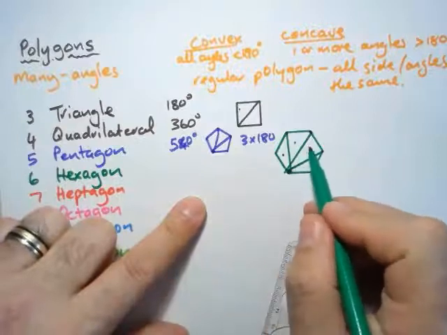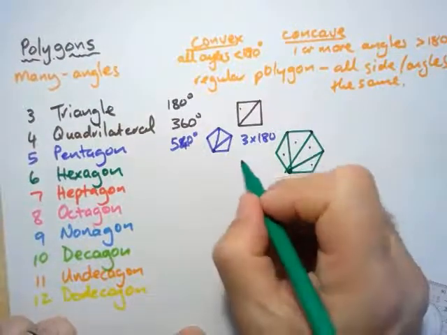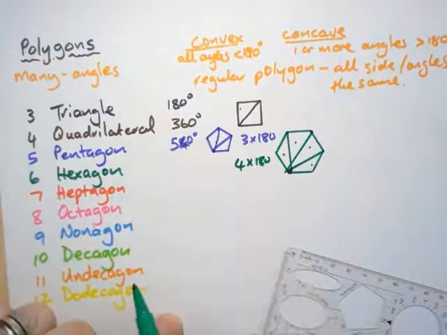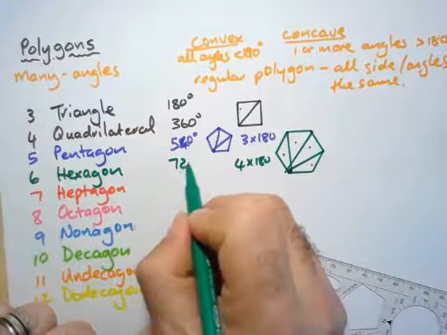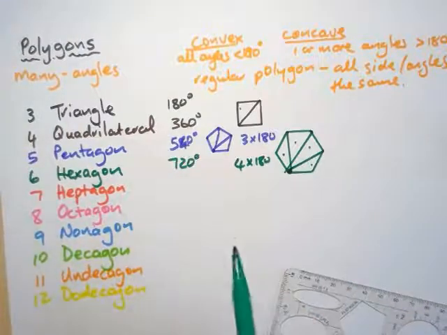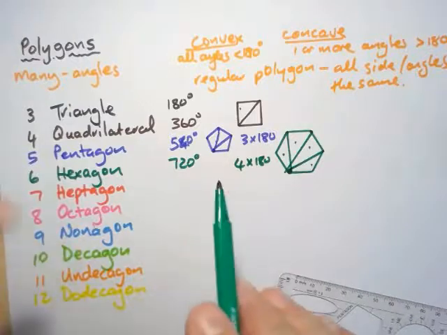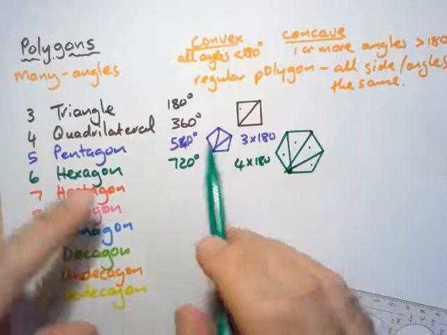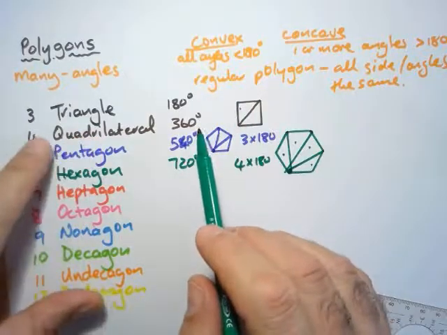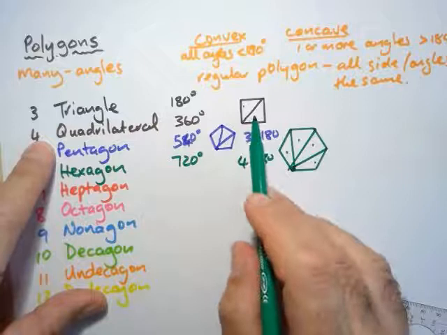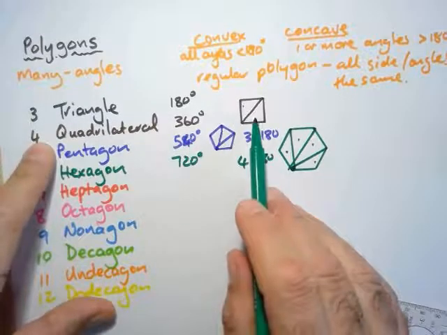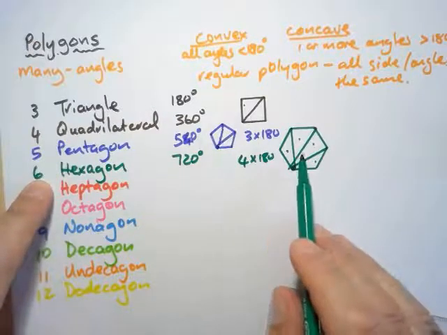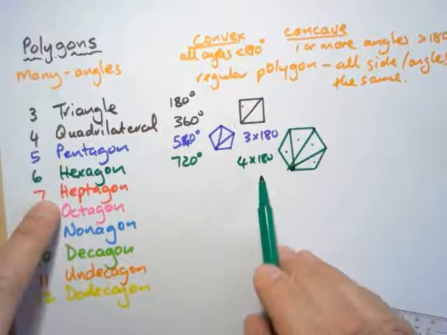And what we see is there's 1, 2, 3, 4, and each one of them is 180 degrees, and that will give us how big this hexagon is, which should be 720. If you start doing this with a heptagon, and then an octagon, and then a nonagon, you will always see that there are 2 fewer triangles than there are sides. So there's 4 sides, there's 2 triangles. There's 5 sides, there's 3 triangles. There's 6 sides, there's 4 triangles. 7 is going to have 5.